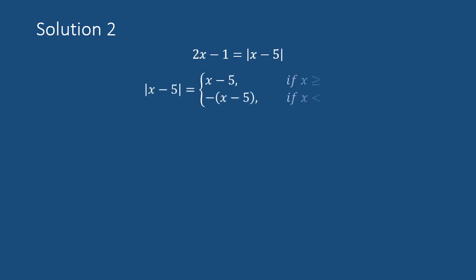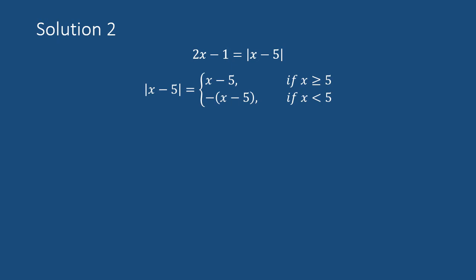Then we go to the next equation. It is 2x minus 1 equals the absolute value of x minus 5. So we have the absolute value of x minus 5. We can split it into two forms like the previous.